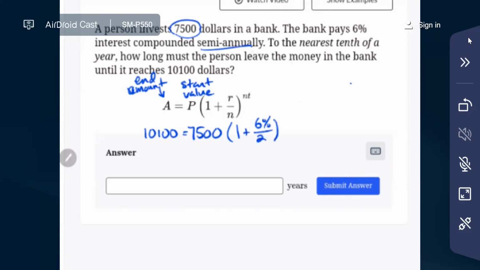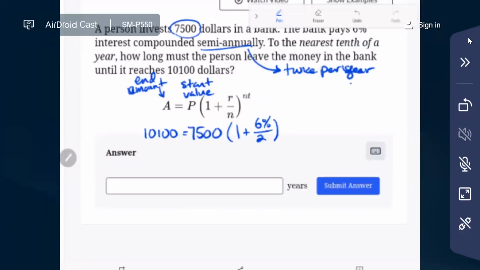So semi-annually is twice per year, and that's our number of times, that's our n. So we have n equals 2. And then we're going to have 2 for our other n here, so these 2's match. And there's our time. And that's what we have to figure out: time.